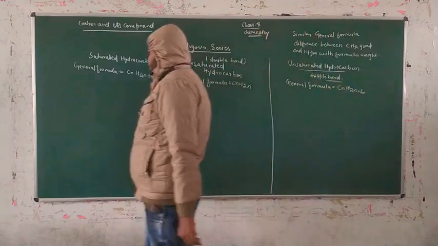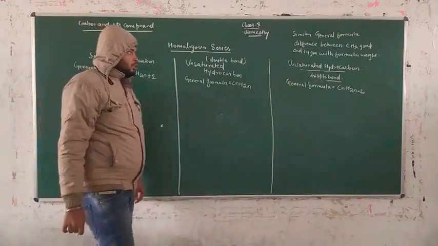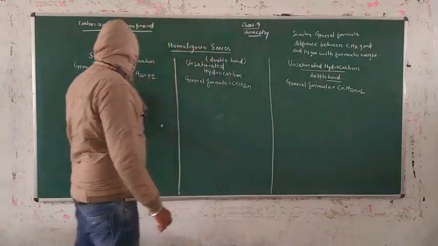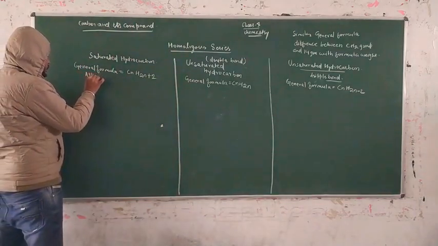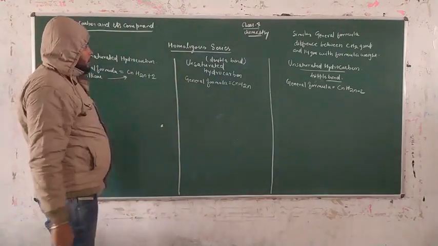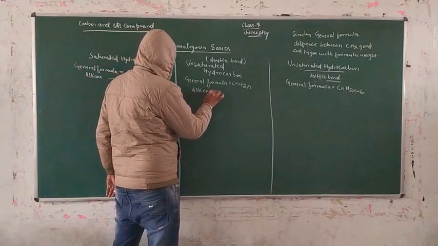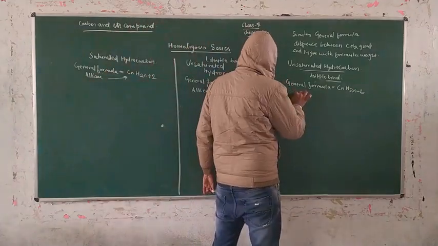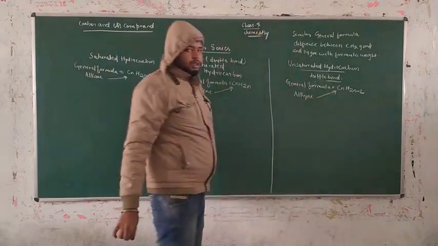That means, guys, for every term of the homologous series, homologous family, we have a prescribed general formula. The general formula of saturated hydrocarbon, alkane, is CnH2n plus 2. In terms of unsaturated hydrocarbon with double bond configuration, it is alkene, and its general formula is CnH2n. And in terms of triple bond, the compound is alkyne and its general formula is CnH2n minus 2.